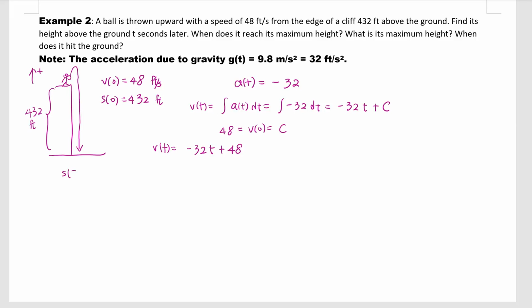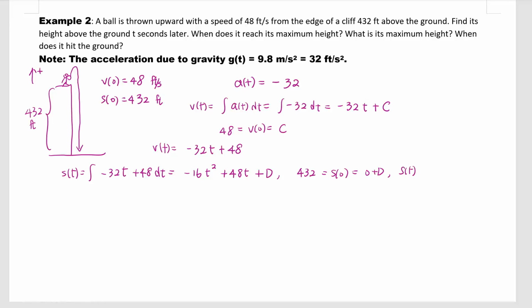And then s of t is the integral of v of t, so the integral of negative 32t plus 48 dt. Negative 32t integrates to 32 divided by 2, so negative 16t squared plus 48t plus D. To find D, we plug in the initial displacement, and we just get 0 plus D. So D is 432.